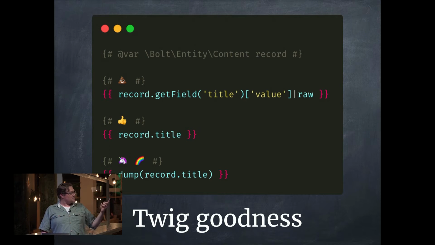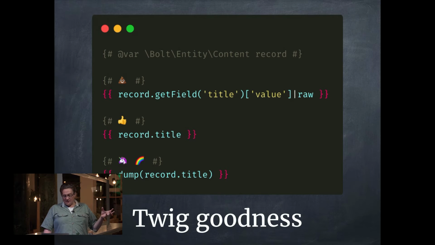And this works, but you'll have to agree that just using record.title is much nicer and a lot more friendly looking. It's also a lot less error prone, and it allows novice developers to get into the system much easier.